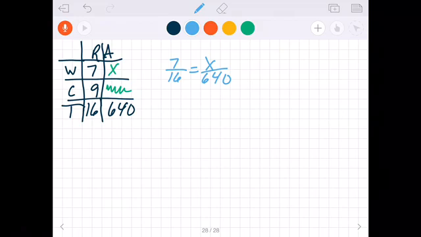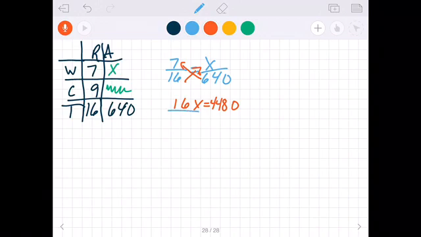So let's solve this algebraically by cross multiplying, because proportions are true if cross products are equal. So 16 times x equals, well, 7 times 0 is 0. 7 times 4 is 28. Carry the 2. 7 times 6 is 42, plus 2 is 44. Didn't quite leave myself enough room, but it worked out okay.